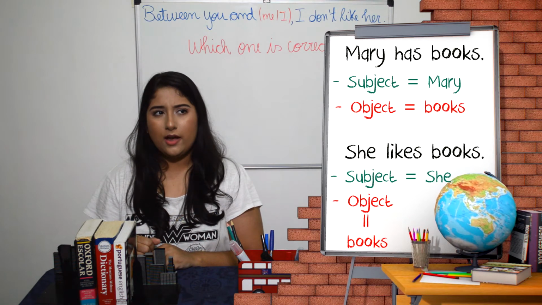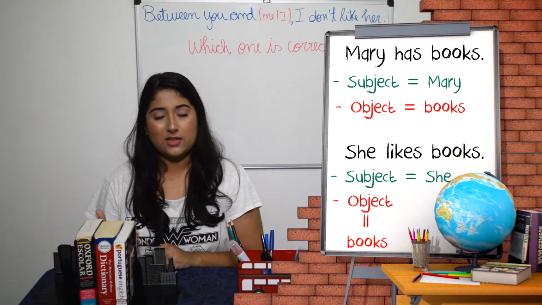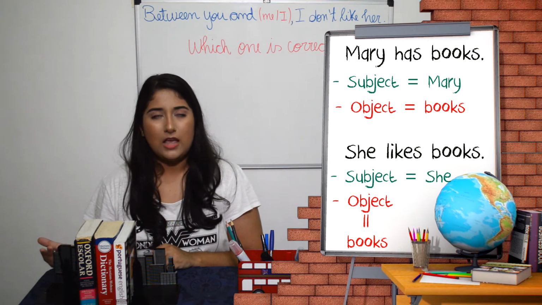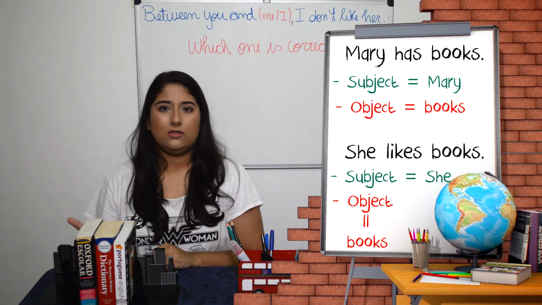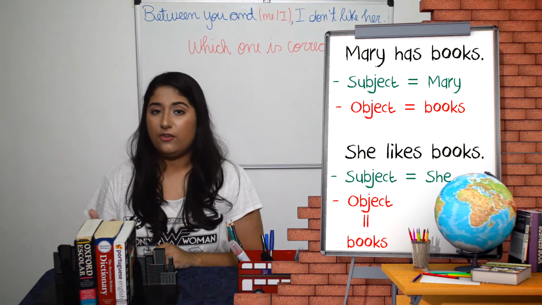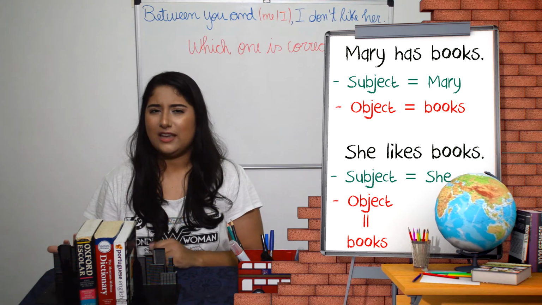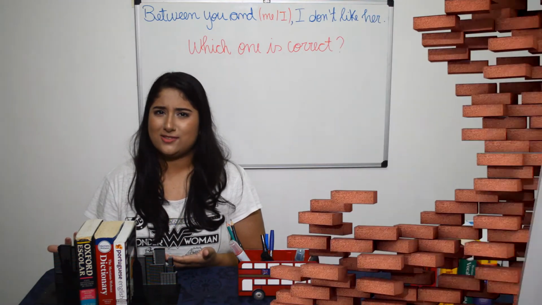Wait. So we are also repeating the object in both sentences. So let's substitute the object books for an object pronoun. And what are the object pronouns?